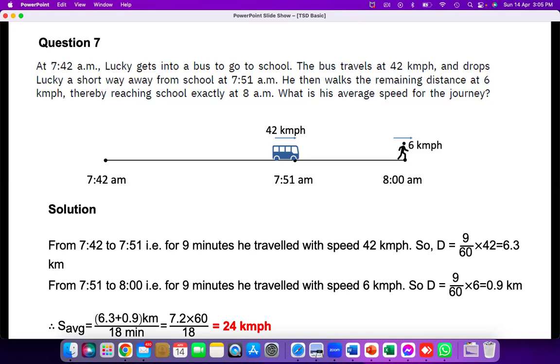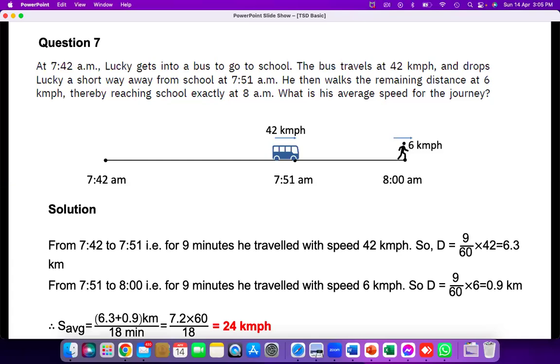What is the average speed? Sum of distance divided by time taken. So distance is how much? 6.3 in first case and 0.9 in second case. That's how much? 7.2. And what is the time taken? Time is already given: 9 minutes, 9 minutes, 18.